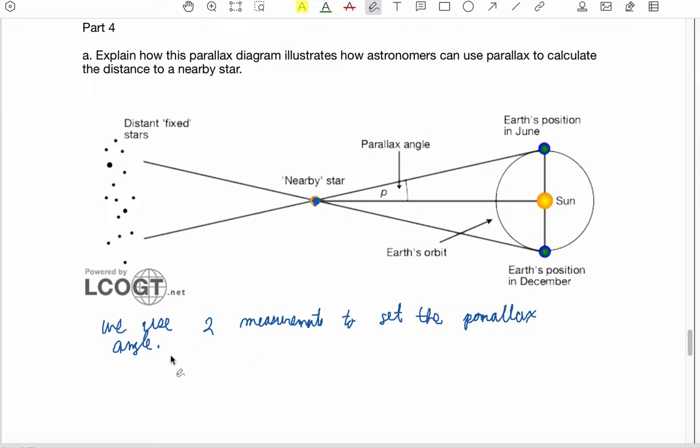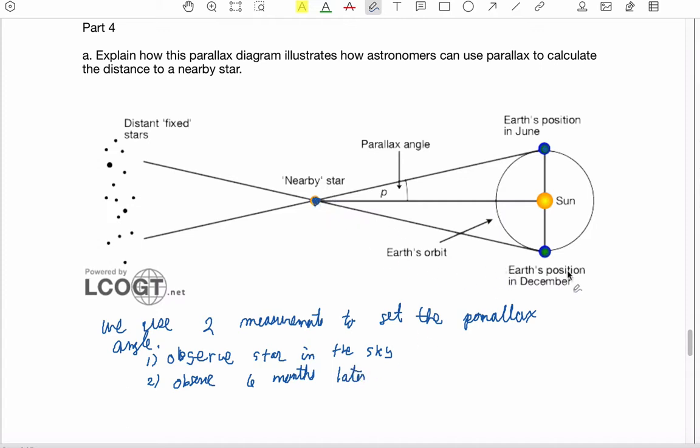So we, number one, observe the star in the sky. So we're here in June, we see the star, and then two, observe it 6 months later.